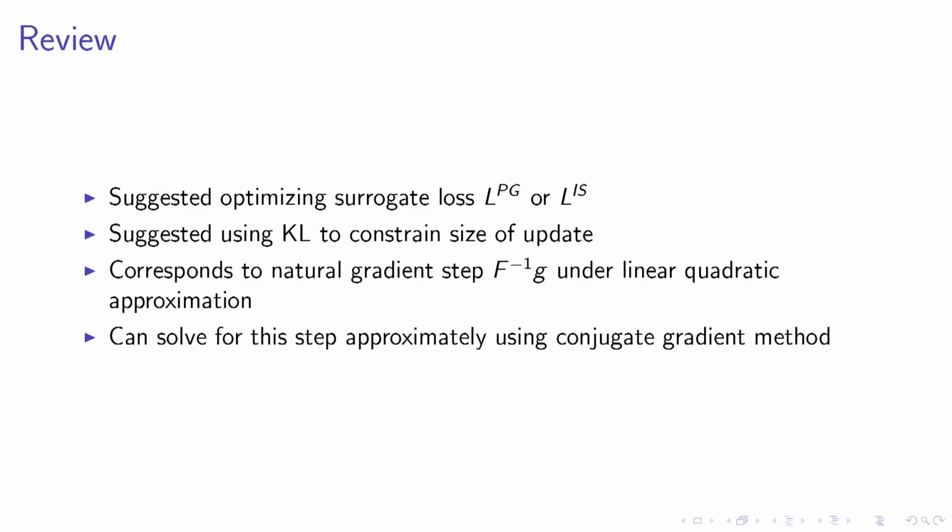And we can solve for this step approximately using the conjugate gradient method. And TRPO also does a line search on the original constrained optimization problem to make sure that the update you did actually improves the objective in that constrained optimization problem.